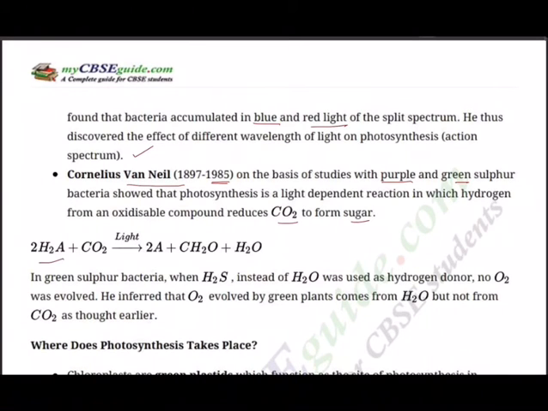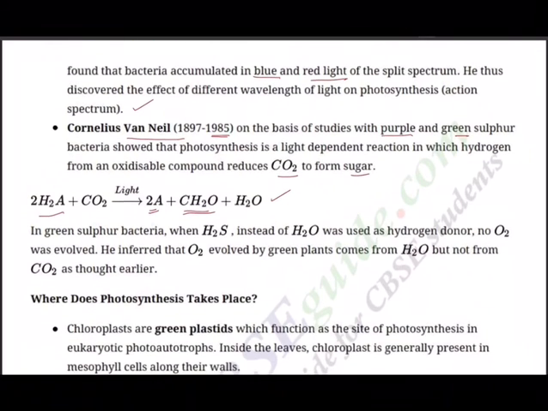So 2H2A plus CO2 becomes 2A plus CH2O plus H2O, where CO2 is getting reduced and H2O is the byproduct. So in green sulfur bacteria, when H2S instead of H2O was used as a hydrogen donor, no O2 was evolved. See, look at that. There is no O2.